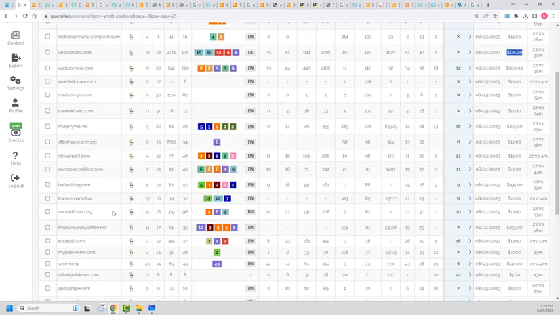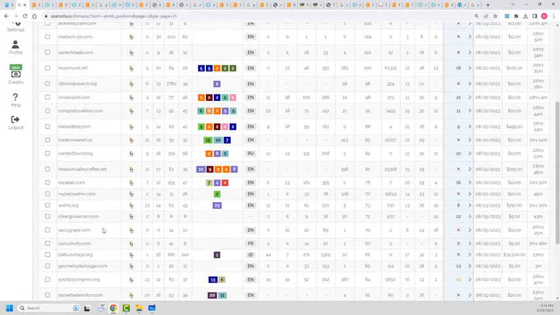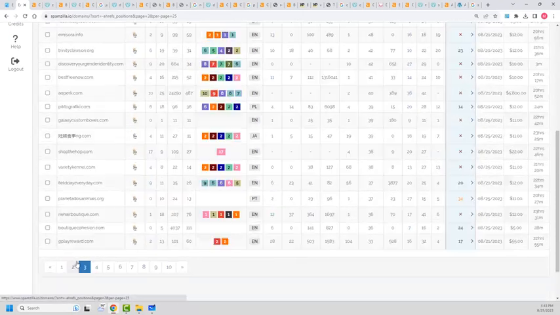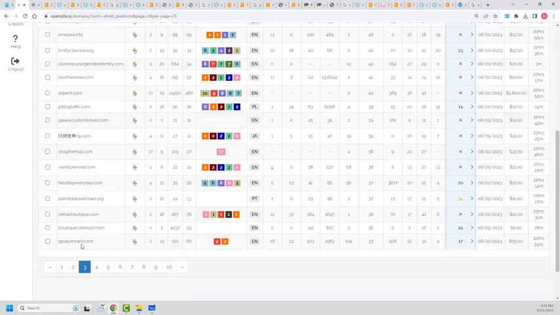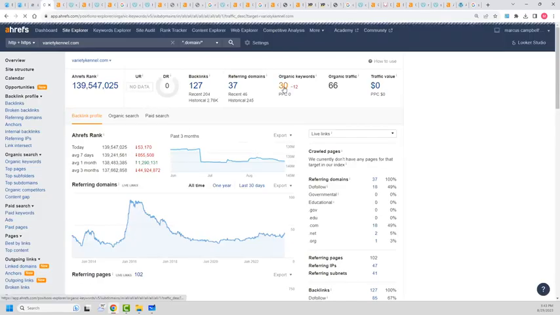Traders Market US. So today I'm not seeing, like today's a crap day for domains on GoDaddy. Not really anything I'm looking at. Variety Kennel, maybe. Galaxy custom boxes. Maybe I could do like custom printing boxes.